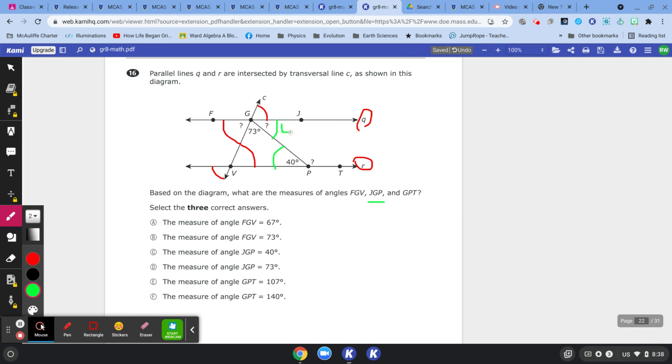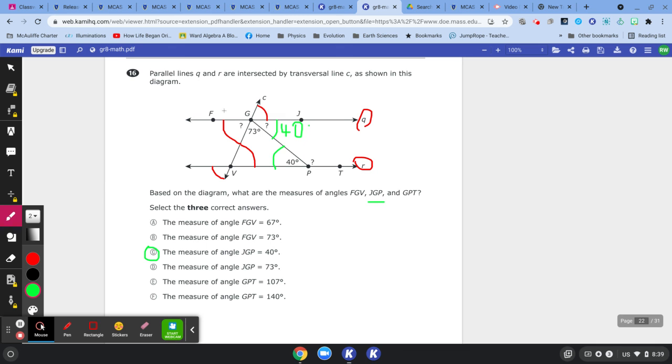So I'm going to put a 40 here. By alternate interior angles, by the zigzag pattern of congruent angles, JGP is 40 degrees. So this is one of our winners.